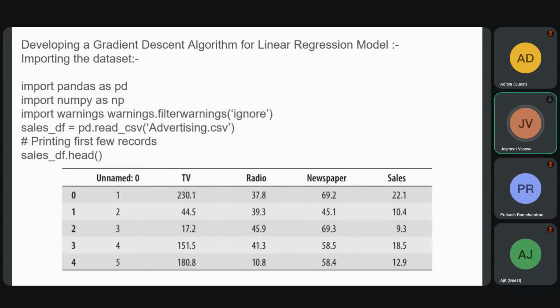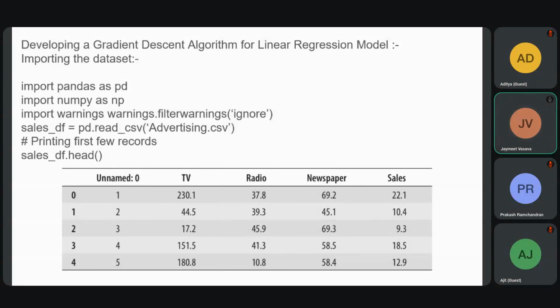So developing the gradient descent algorithm for a linear regression model, we'll start with importing the needed packages, pandas and numpy, then reading the data set. We'll suppress the warnings with filterwarnings ignore, and then print a few of the records of the data set.